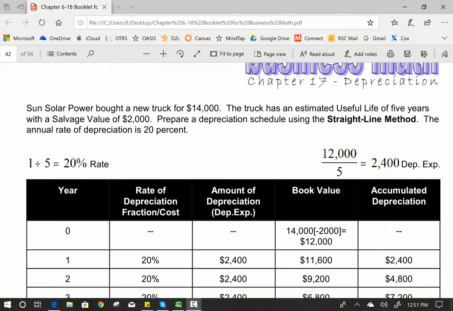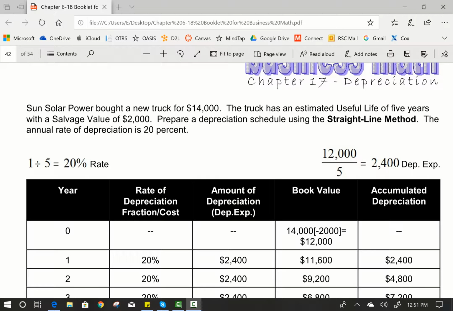The truck has an estimated useful life of 5 years with a salvage value of $2,000. The salvage value may also be referred to as trade-in value or residual value. We're going to prepare a depreciation schedule using the straight line method first, and then we'll do the double declining balance method.